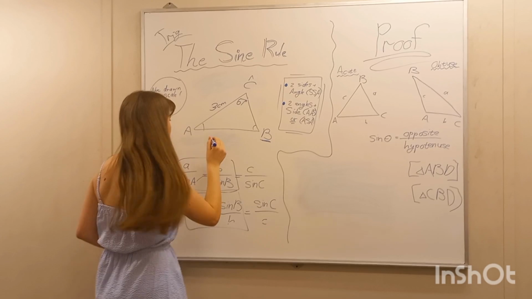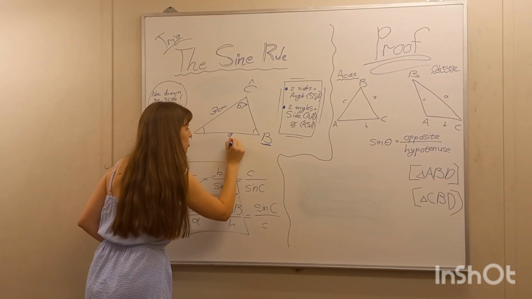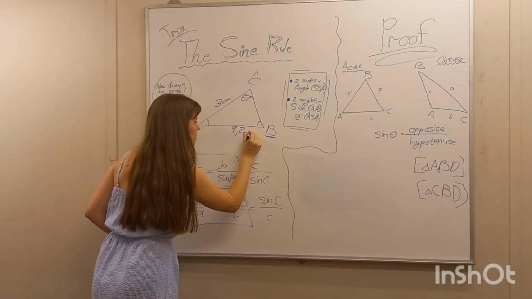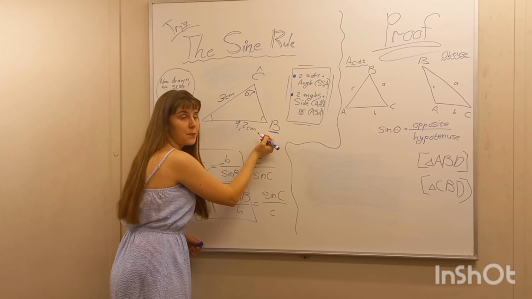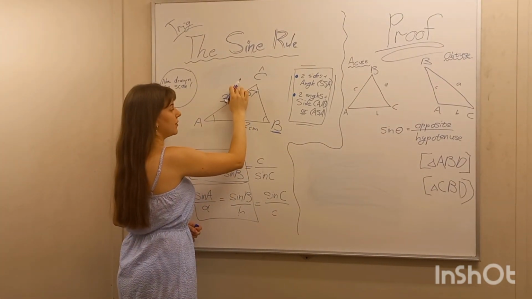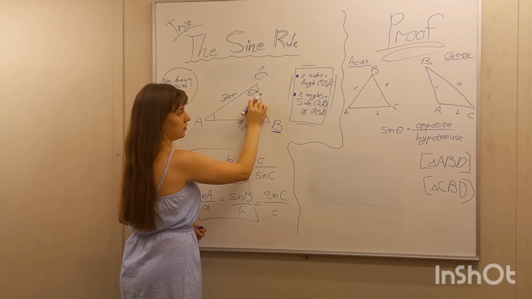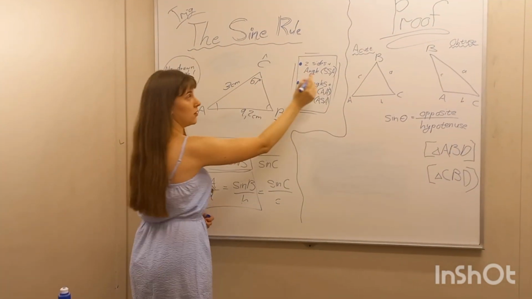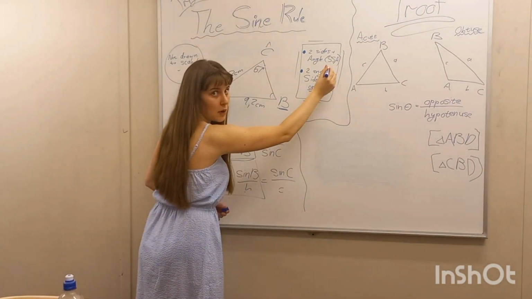We are working with commas over here. 9,2 centimeters for length AB. You see what we have here? We have a side, another side, and an angle. Okay? You see, this is the rule that's being applied here.